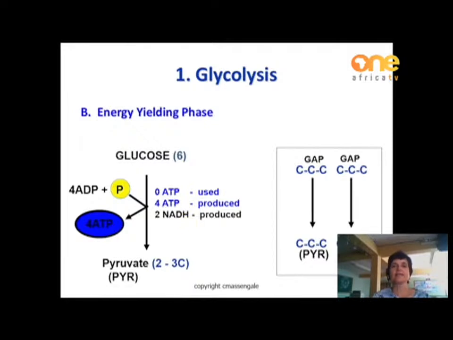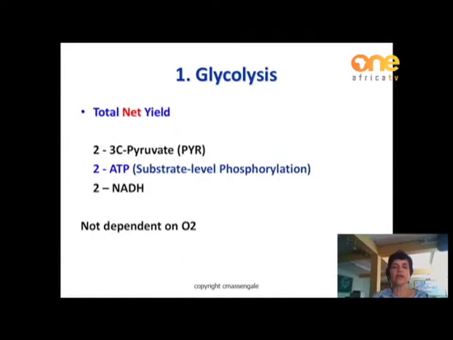Glycolysis is outside the mitochondria, in the cytoplasm. So we have a yield. The products that formed during glycolysis were 2 three-carbon pyruvate molecules, and 2 ATPs: 4 were produced, but 2 were invested.